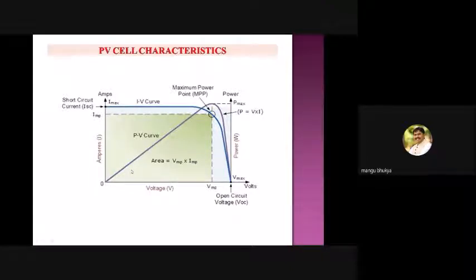That means, by some circuit, we'll go on increasing the voltage across the panel, because we know from these characteristics that as you increase the voltage, the power drawn from the panel also increases. So this concept will be utilized for drawing more power from the panel.